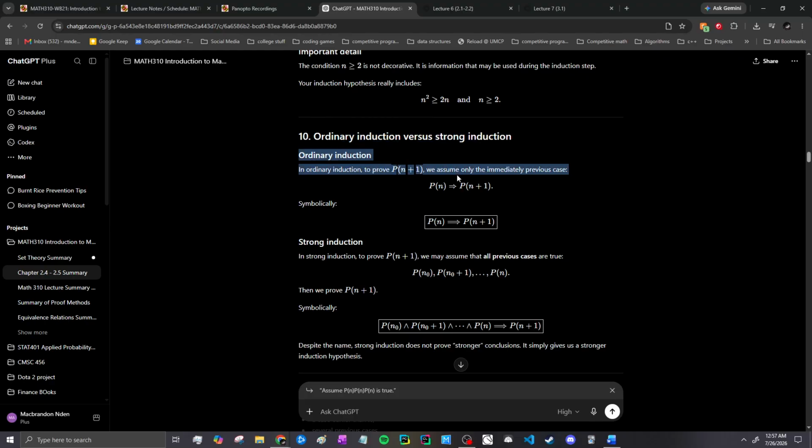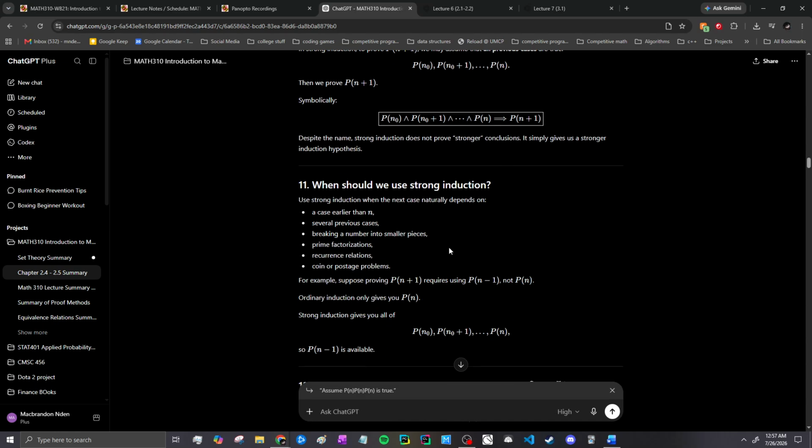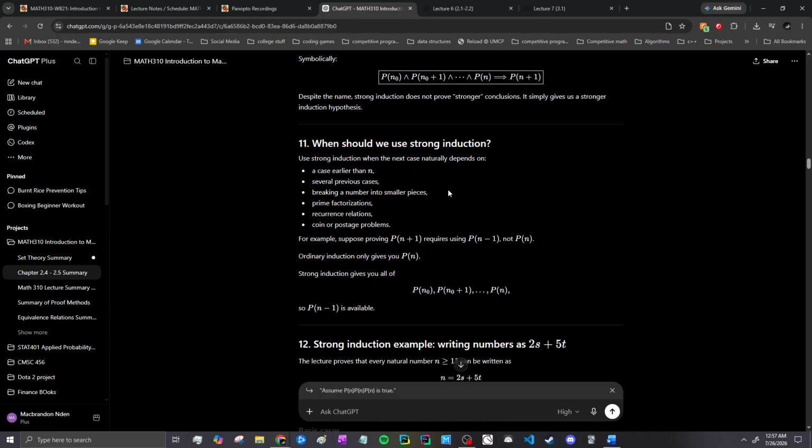In ordinary induction, we do the base case, assume P(n) and prove P(n+1). In strong induction, we assume every single previous case is true, so from P(n0), P(n0+1), all the way up to P(n), then prove P(n+1).